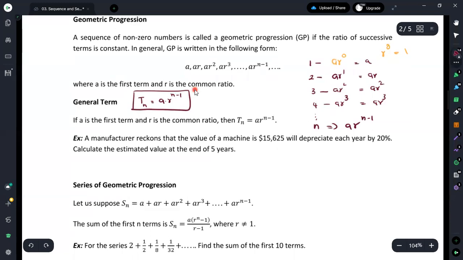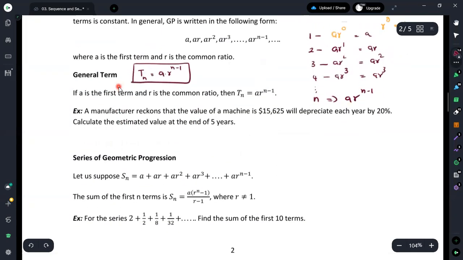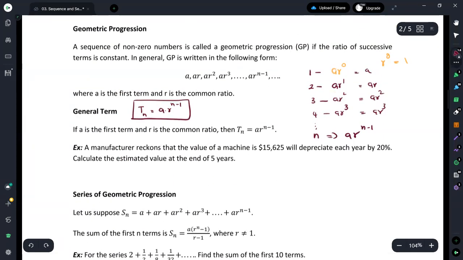Here we will see an example related to the geometric progression. In this example, it says that a manufacturer reckons that the value of a machine is $15,625, and it will depreciate each year by 20%, and you are asked to calculate the estimated value at the end of 5 years time period.